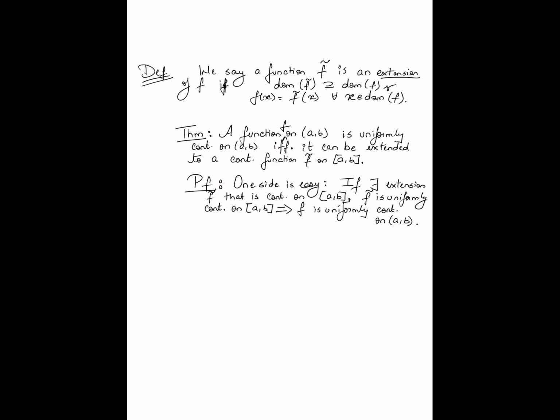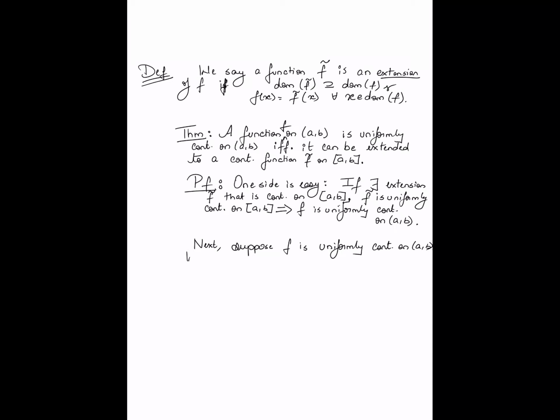Now let's go the opposite direction. That is, suppose that f is uniformly continuous on AB. We have to argue that an extension is possible to a continuous function on the closed interval. So next, suppose f is uniformly continuous on, let's say, the open interval AB. Now I need to argue that it is possible for me to construct an extension.